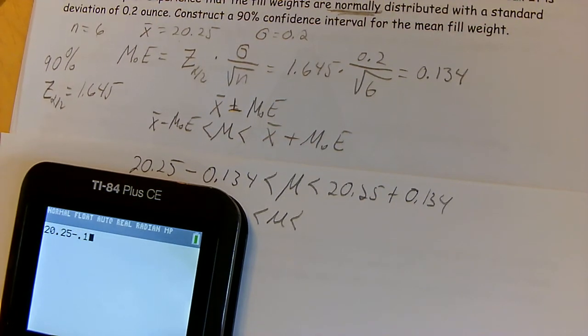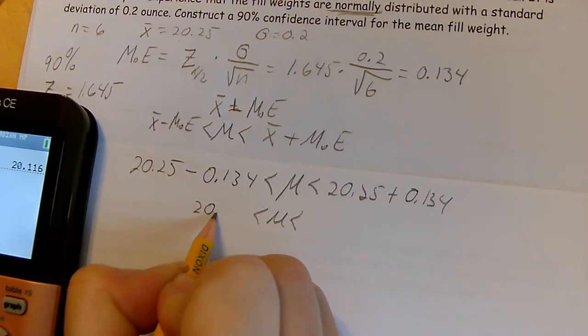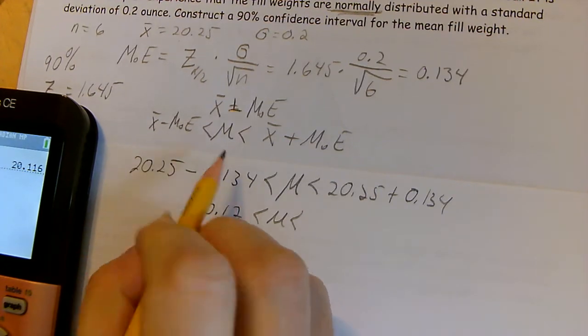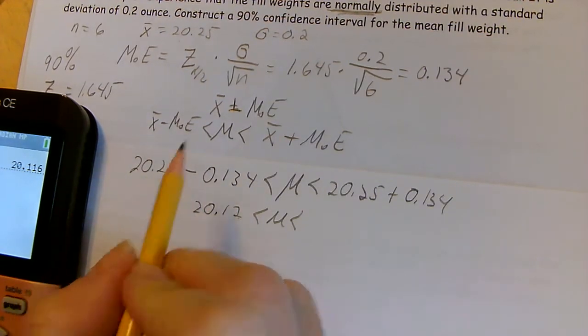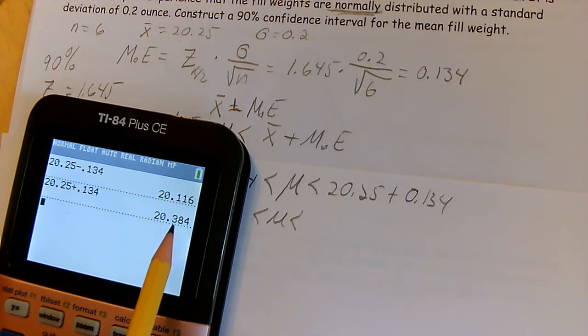For this lower value, I'm going to round it to 2 decimal places because that's what the sample mean went out to. 20.25 plus the margin of error, I'll go to 0.38.